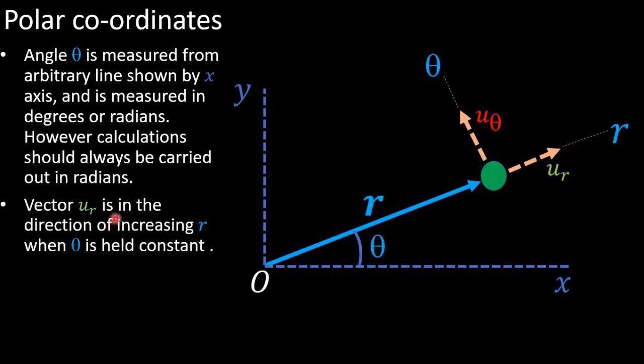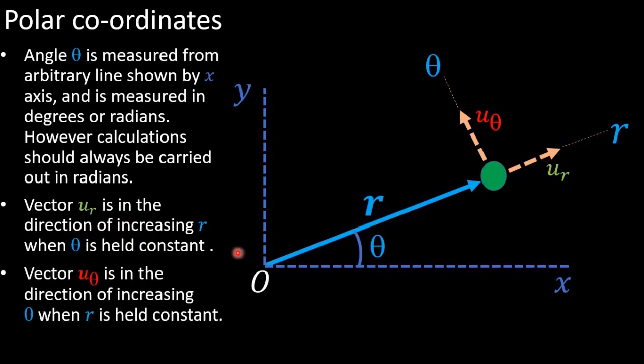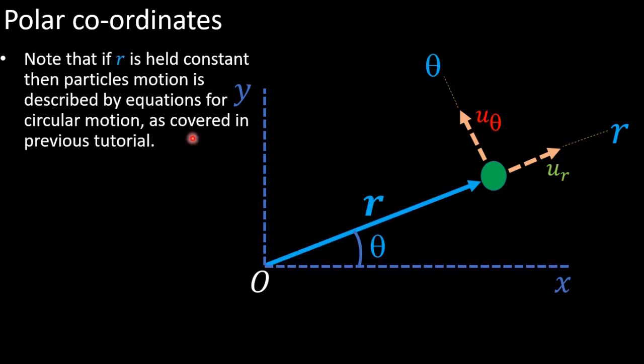The vector u sub r is in the direction of increase in r when theta is held constant. The vector u sub theta is in the direction of increasing theta when r is held constant. Note that if r is held constant, then the particle's motion is described by equations for circular motion, as discussed in the previous tutorial.